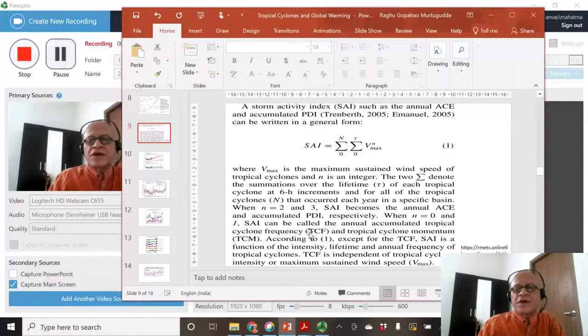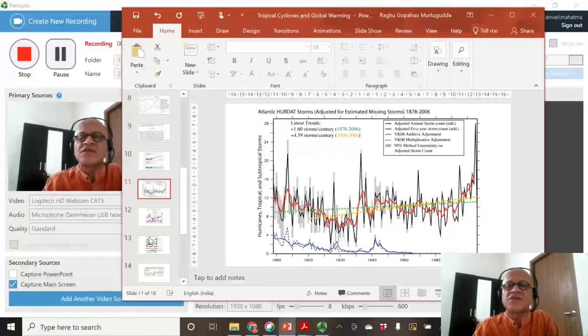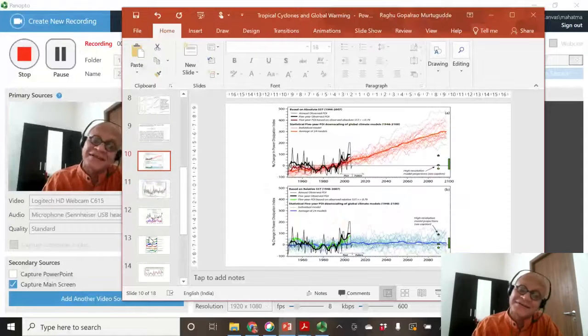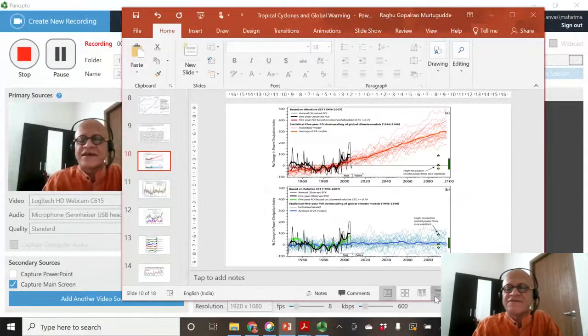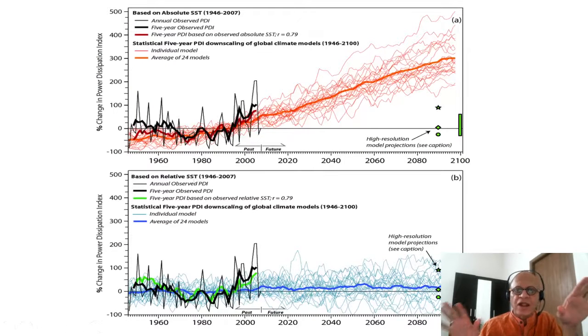By the way, I should make it clear that when we say relative SST here, we mean, we talked about this before, there is some work by Gabe Vecchi, I think, and maybe Brian Soden, that talks about how the warming of the Atlantic relative to the Pacific seems to be more important than the absolute warming.